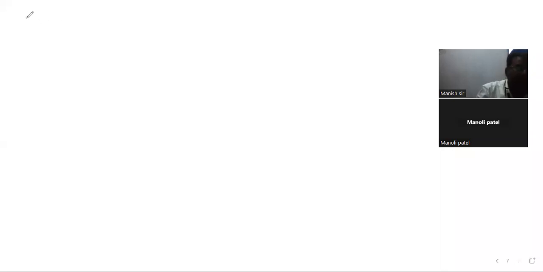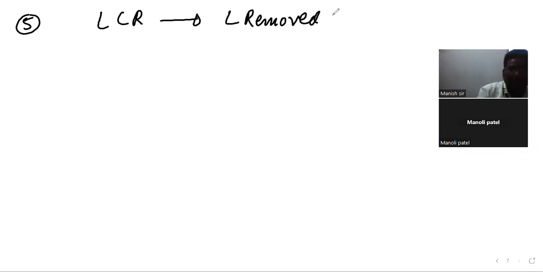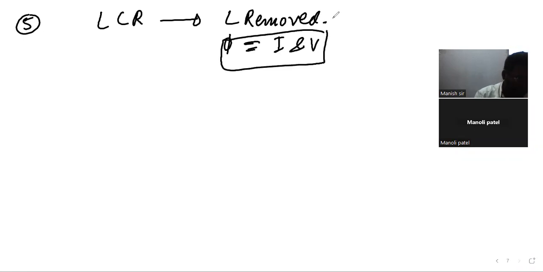Now see the question number 5. A series LCR circuit is connected to an AC voltage source. When L is removed from the circuit, right? So the phase difference between voltage and current is, so phi is the angle between current and voltage. It is given as pi by 3.